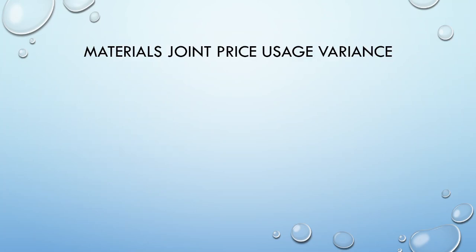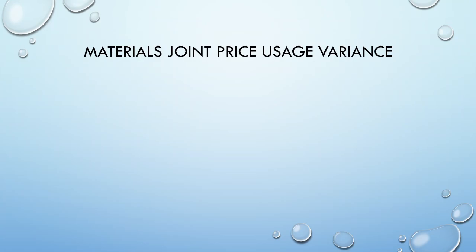Now let's finish off the price variance with our joint price usage variance. This variance is applicable if there is a joint price quantity effect, which may be critical to staff incentives. Specifically, it splits the price variance into a pure price variance and a joint price usage variance.